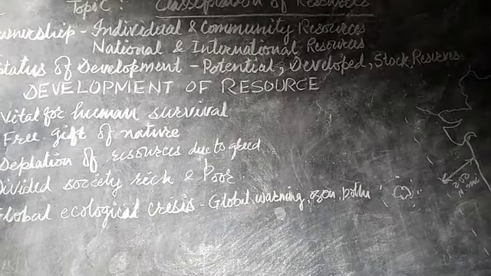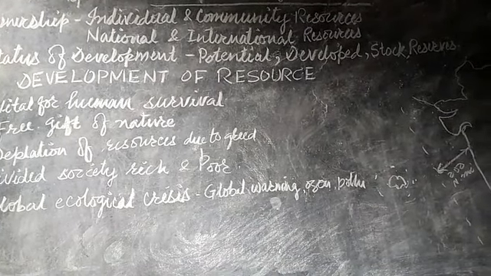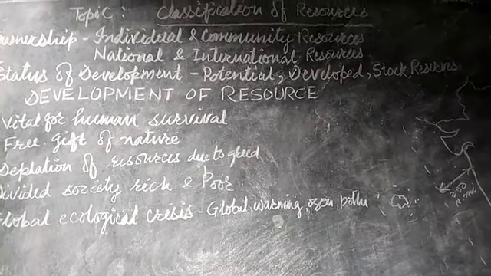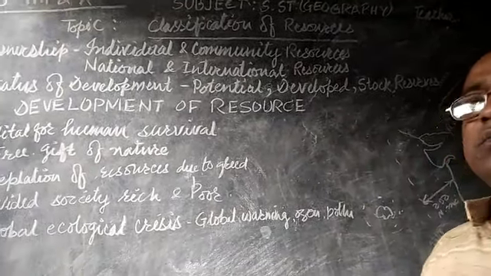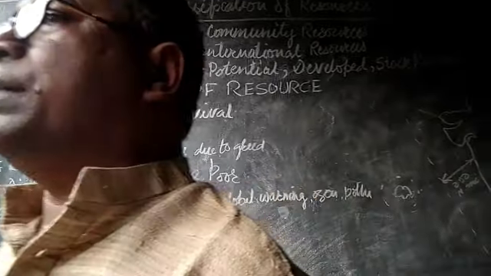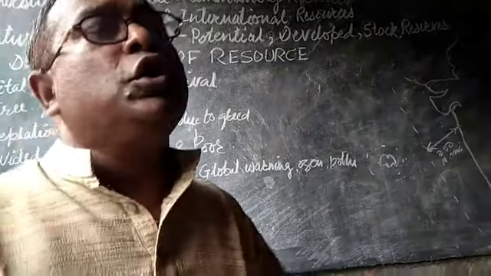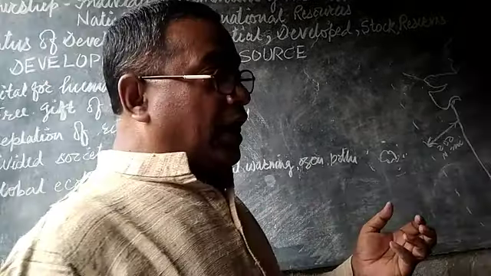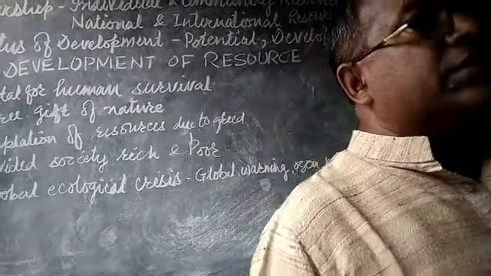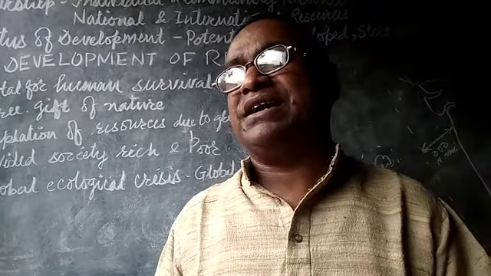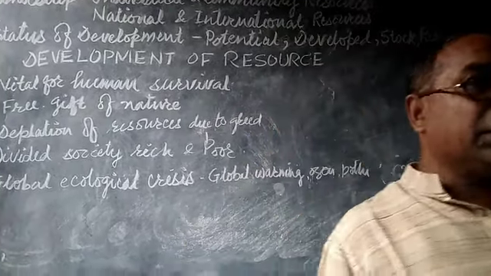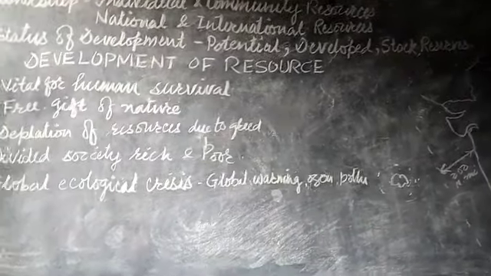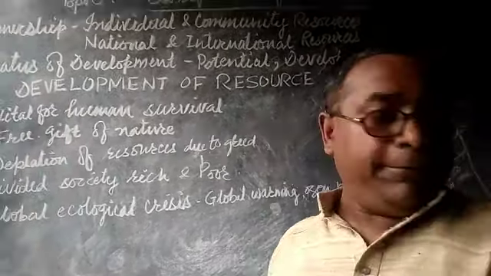Actually, these are materials in the environment which have the potential to satisfy human needs, but human beings do not have the appropriate technology to access them. It means human beings don't have sufficient technology to reach the minerals and resources, and if the technology is developed in the country, after that the resources can be utilized by the nation. So these resources are termed stocks.